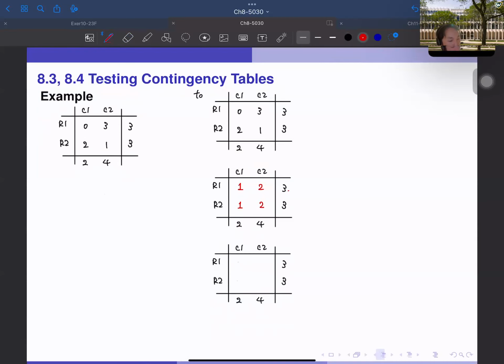Another possible table is this number is 2, and this number is 1. This is 0, and this is 3. So this is another possible table.